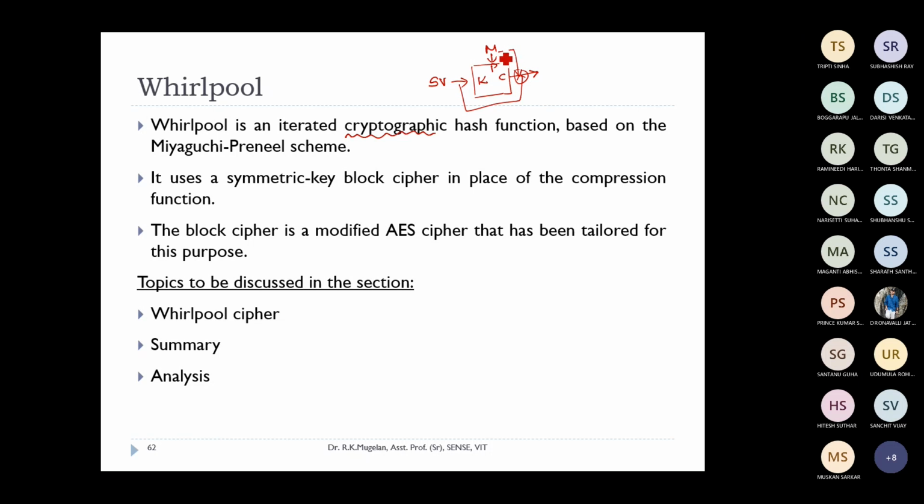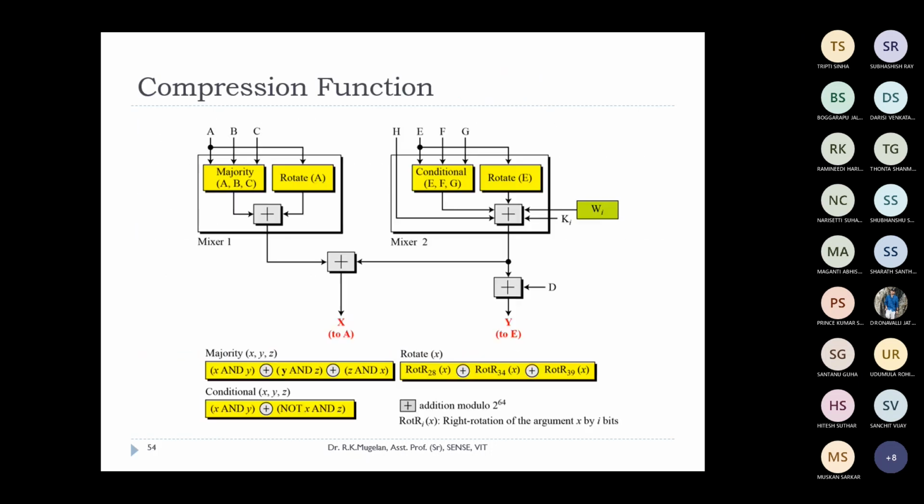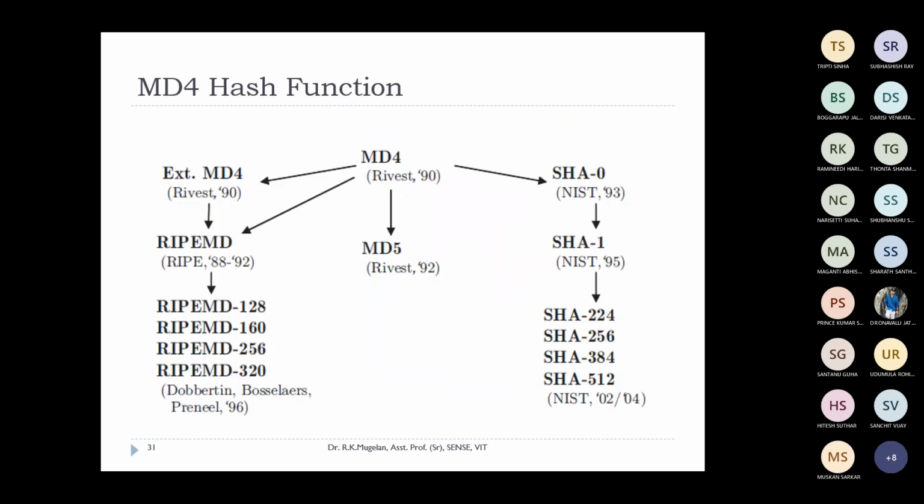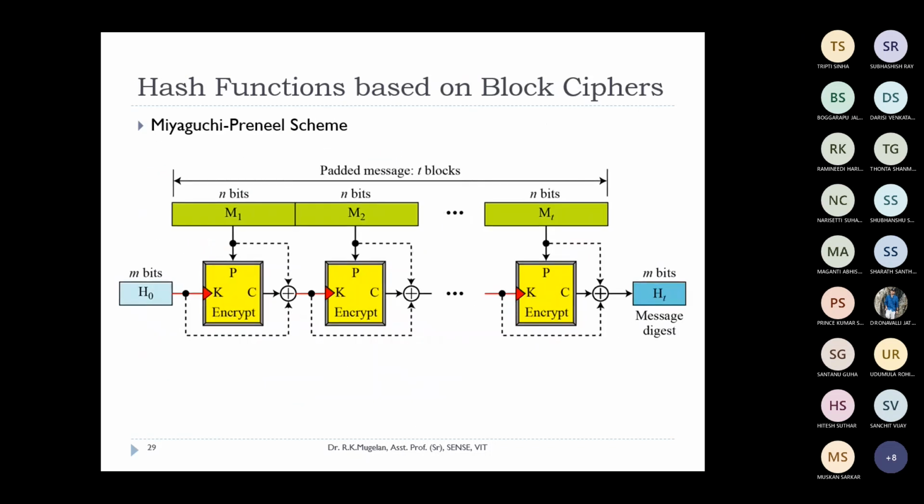A similar method is employed in the Whirlpool scheme. In Whirlpool, a symmetric key block cipher is used in place of the compression function. This is the Miyaguchi-Preneel scheme which we just saw. The plaintext input is given from the message block, the seed value is given to K, and the ciphertext is taken as the output.